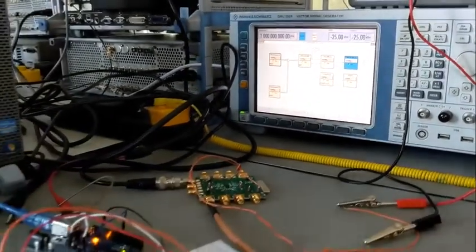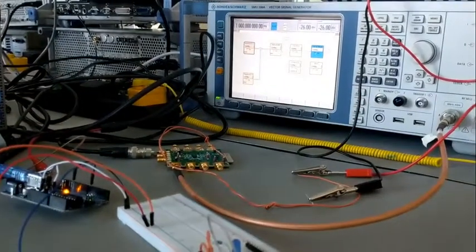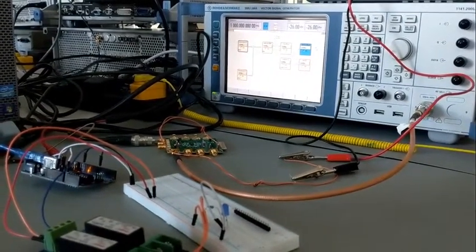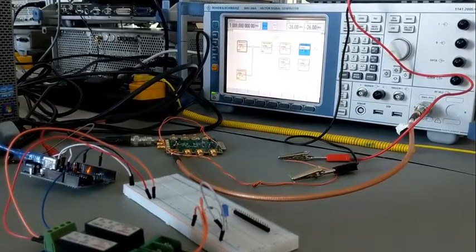Once the signal reaches a power that is within the set point value, then the DC supply will be turned on again.